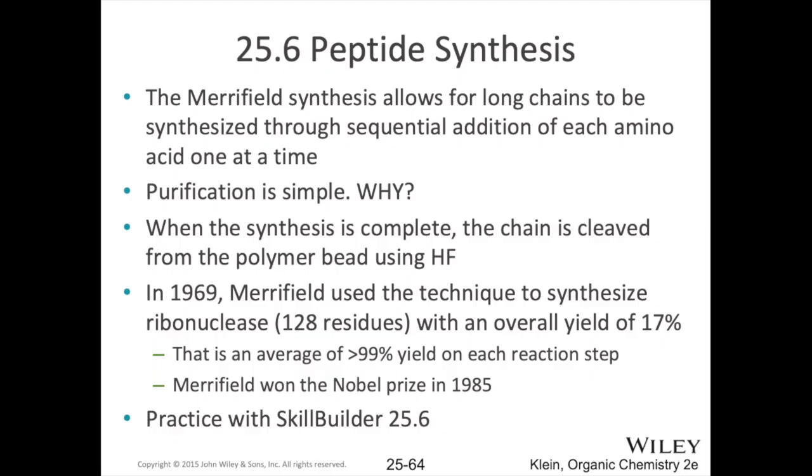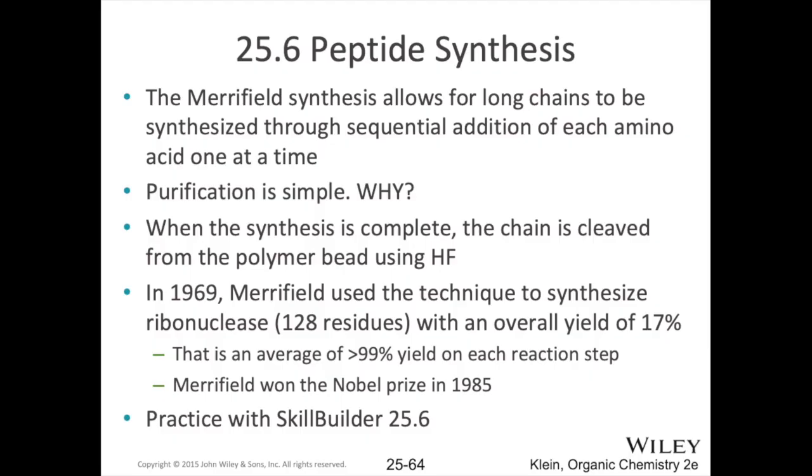So, for example, when this was designed way back in 1969, it was used to make ribonuclease, which has 128 residues. Remember the example we had earlier of a tetrapeptide, with four amino acids, and the yield there at best was going to be 63%, and like I said, that's assuming a 95% yield on each individual reaction, which is very optimistic.